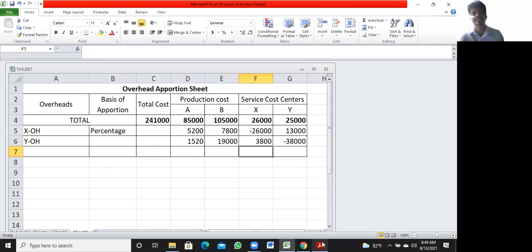Now the thing is, something has been collected again in service cost center X.